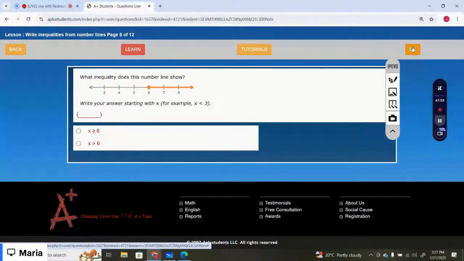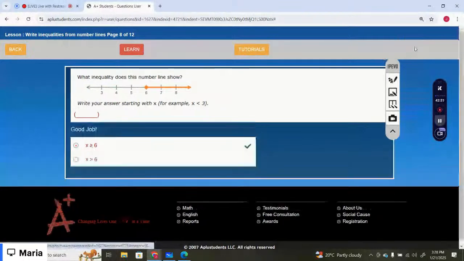What inequality does the number line show? That is x is greater than or equal to 6.